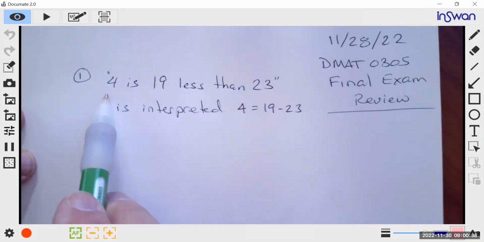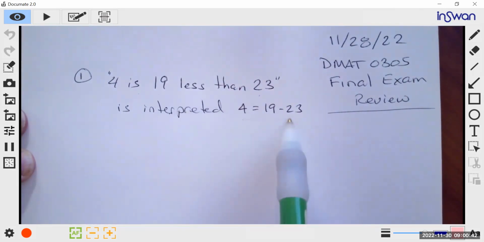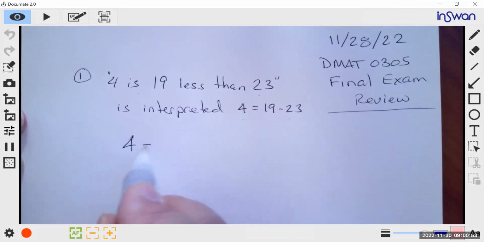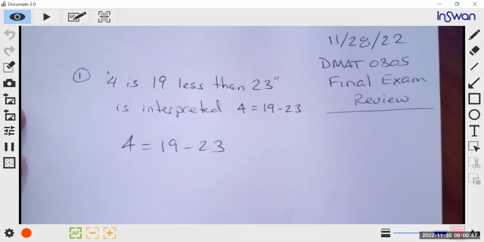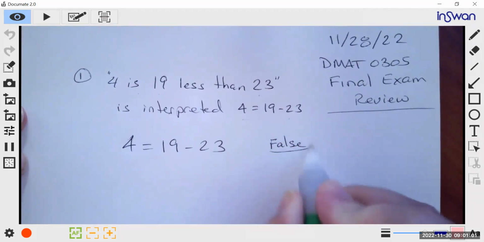So 4 is 19 less than 23. Is that what it means? Is it 4 is 19 less than 23? False.